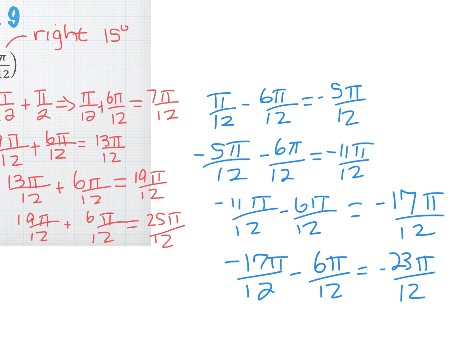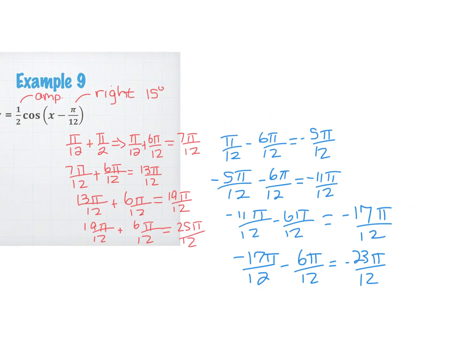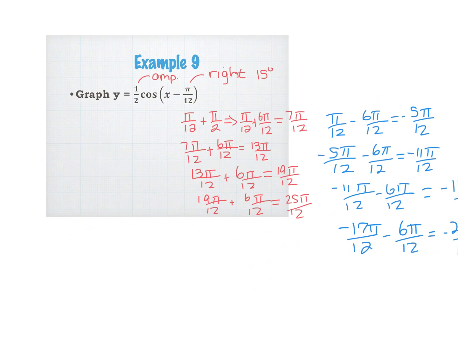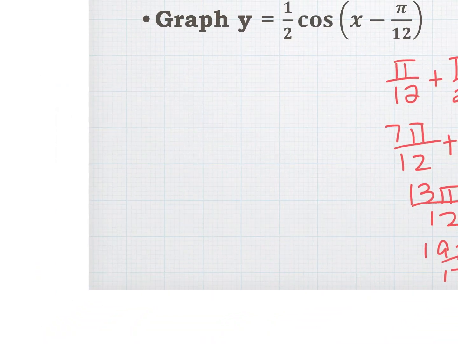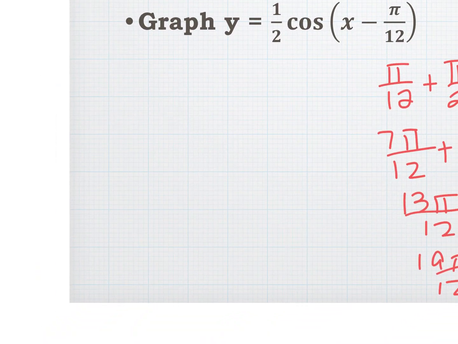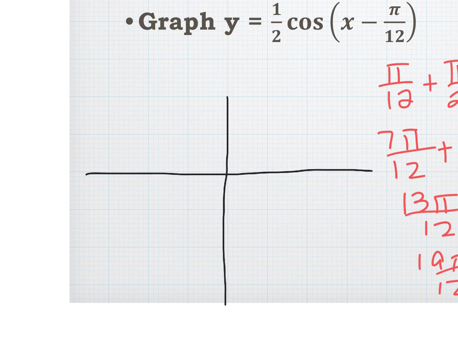Now I can take these 8 points plus my starting point and put it on the axis. So I need 9 points always. Go ahead and add this. So my first point is going to be my starting point. It's going to be the pi over 12. And again, I'm spacing these 90 degrees apart.